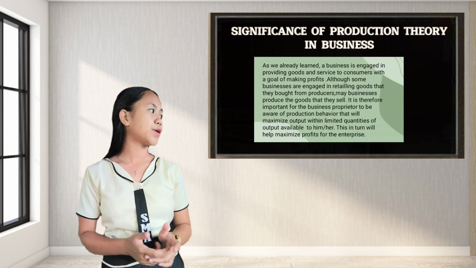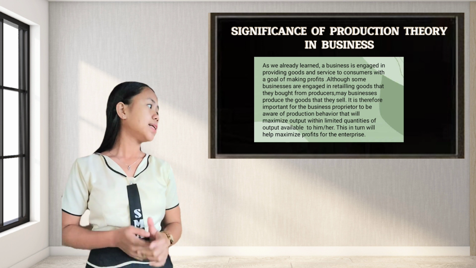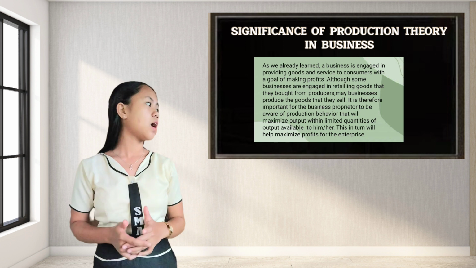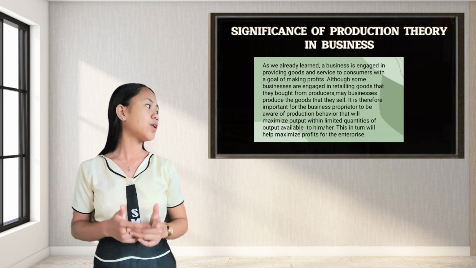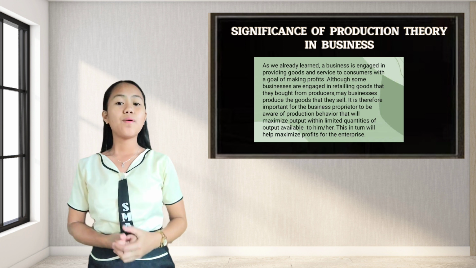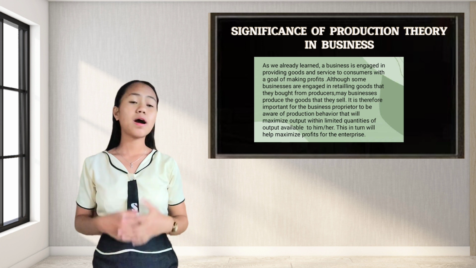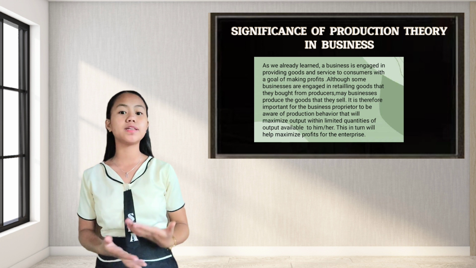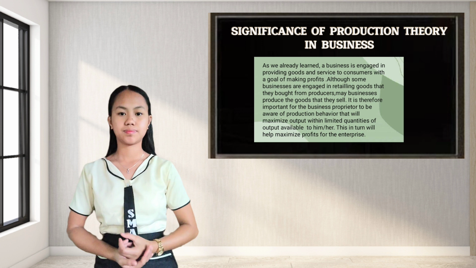It is therefore important for the business proprietor to be aware of production behavior that will maximize output within the limited quantities of inputs available to him or her. This in return will help maximize profits for the enterprise. So, as we all know, the purpose of a business is to provide goods and services to consumers or people who need them, with the goal of making profits.